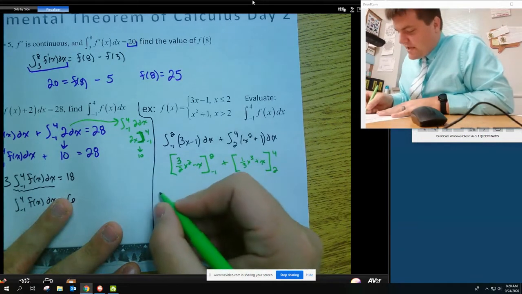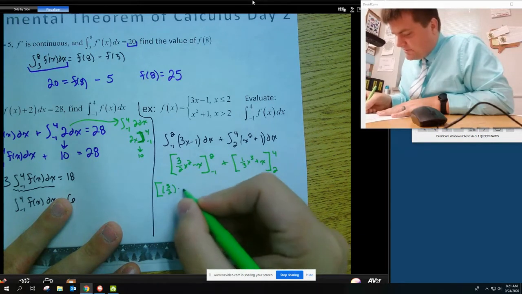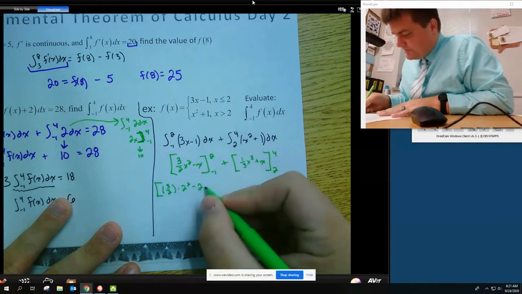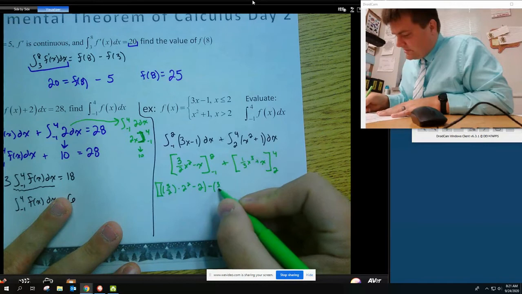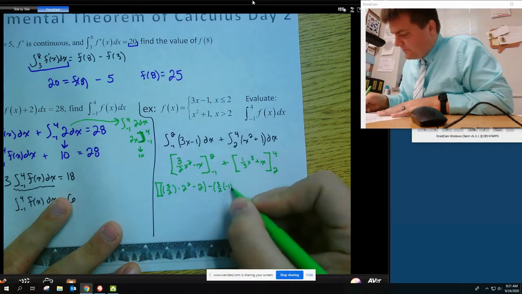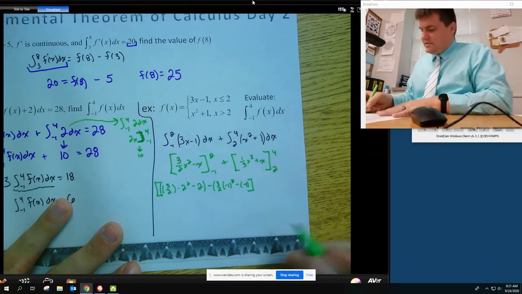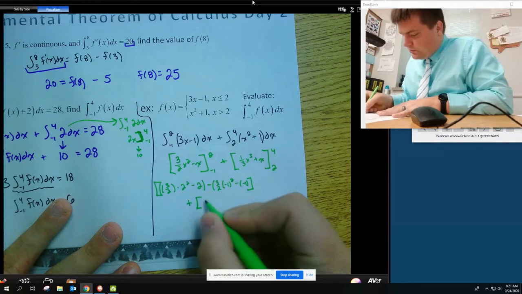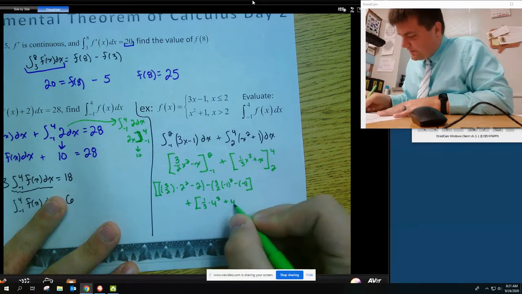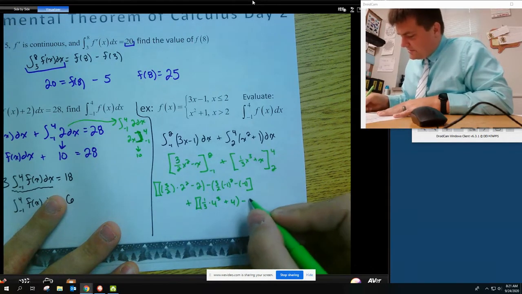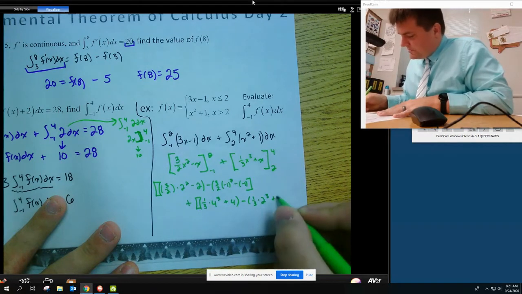So this is going to give me 3/2 times (2 squared minus 2), minus 3/2 times ((-1) squared minus (-1)). Find that answer, and then add that to 1/3 times (4 cubed plus 4), minus 1/3 times (2 cubed plus 2).